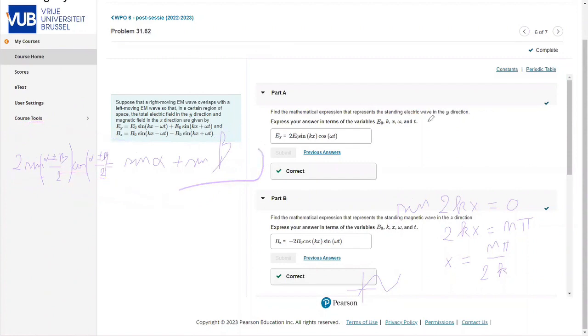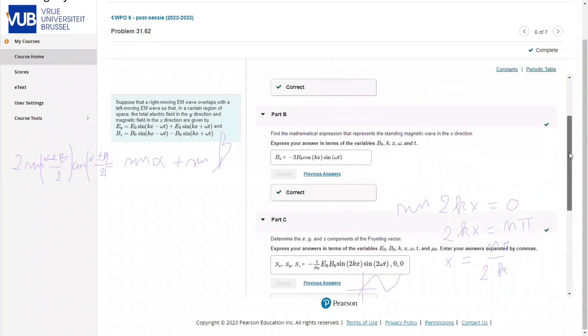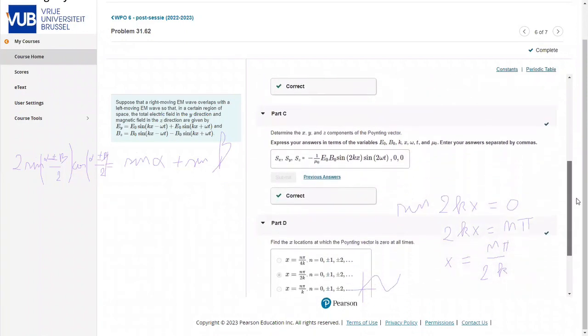Then you will be able to find E and B. For C, you just have to use the determinant, because this one is Y, and the previous one is Z1, and the first one was Y. So X, Y, and Z, or you can say i, j, k, whichever you want.